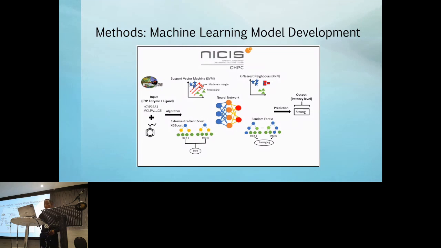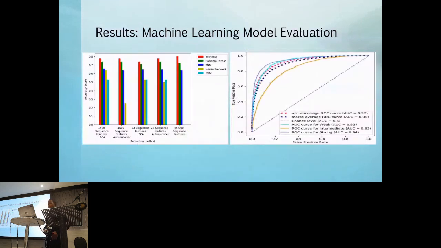Once we did that, we then evaluated the performance of the models. Here in this slide, I'm showing part of the evaluation methods that we used. This includes accuracy. As you can see on the bar graph, on the far left, different algorithms include extreme gradient boost, which is represented in red, and the other algorithms in the different colors shown on the key.